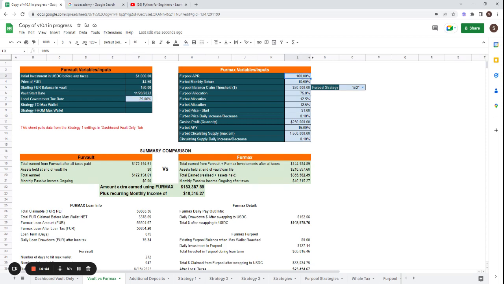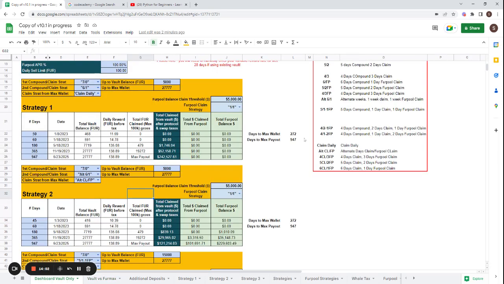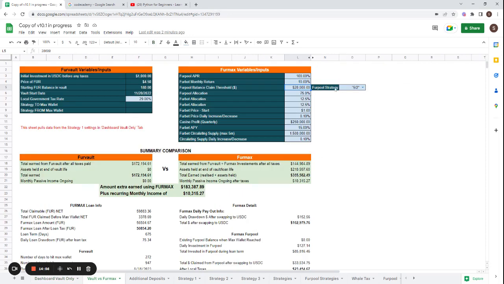You'll also need to put in your Furpool APRs, Furbot monthly returns. This is similar to the button on the dashboard and Vault here, the Furpool claim threshold and the strategy for Furpool. So Furpool allocation, 75%. Let's say we do 50% in Furpool, 25% in Furbot, 25% in Furbet.